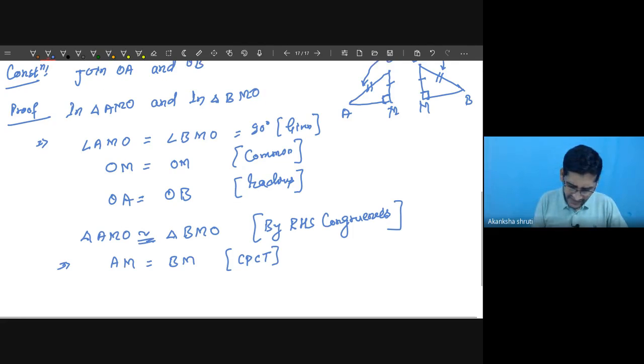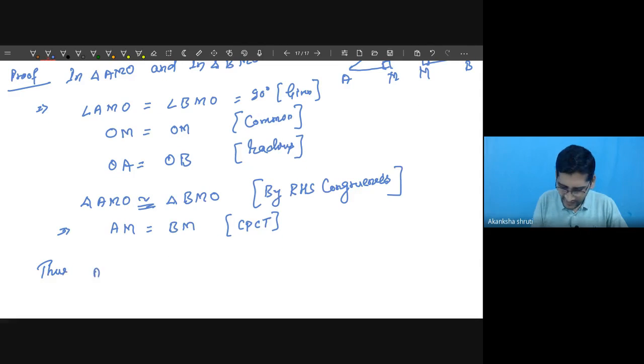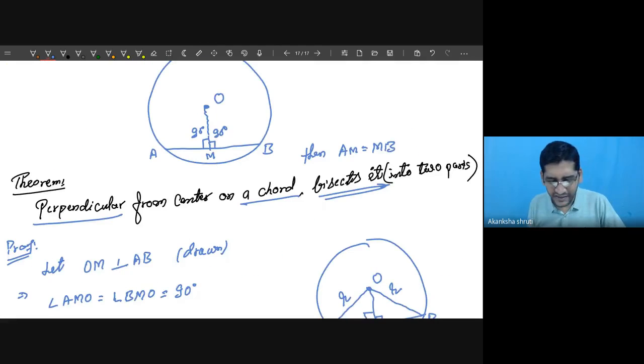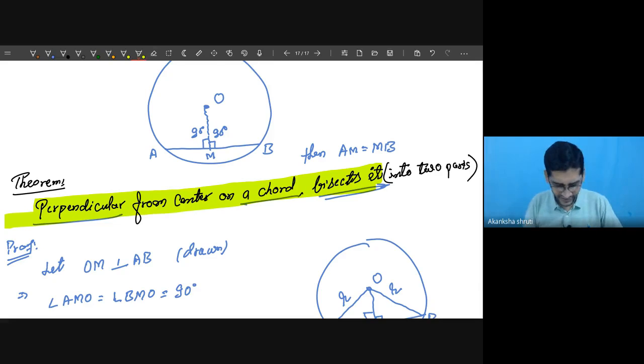Thus AM is equal to BM. It is proved. So this way we have learned that the perpendicular drawn from the center to a chord bisects the chord. It is very important. We will use this in different forms at different places, so do not forget it.